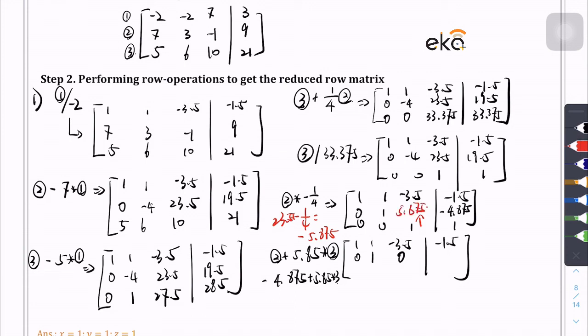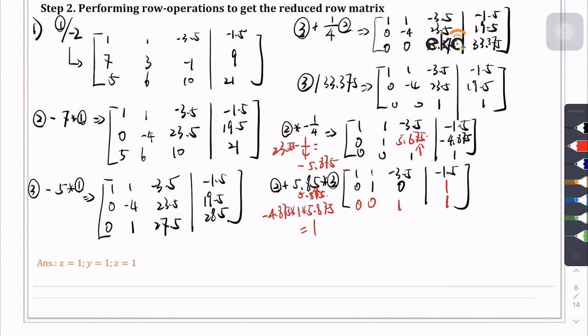So here it's also wrong. It is -4.875 plus 5.875 times 1. So it becomes 0, and then -4.875 plus 5.875 is 1. Okay, 0, 0, 1, 1.